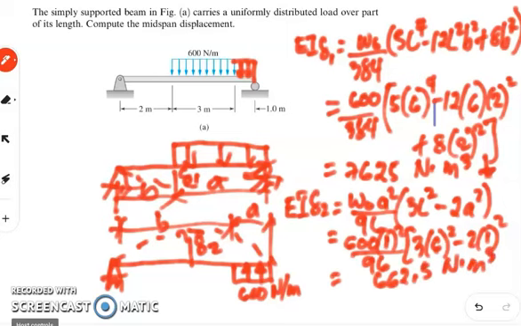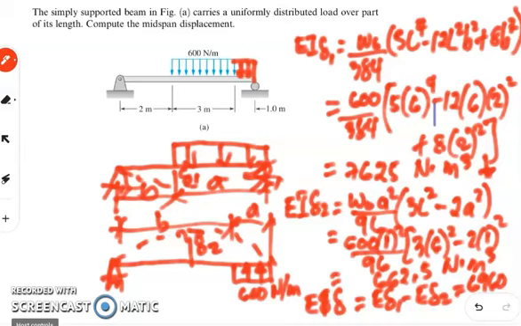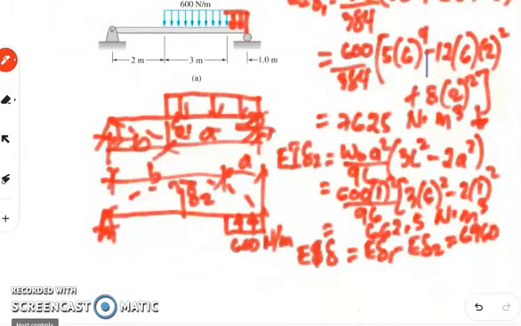So the mid-span displacement is equivalent to EI delta equals EI delta sub 1 minus EI delta sub 2. Substituting the values, you have 7,625 minus 662.5. So we have the value of 6,960 Newton cubic meter. So that is the value for our mid-span displacement for this uniform loading that is acting on the beam.